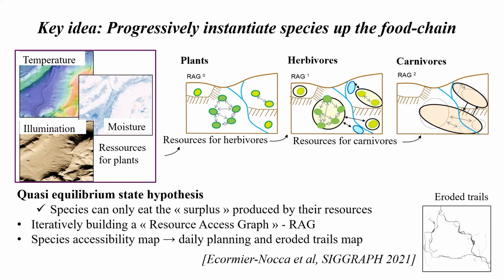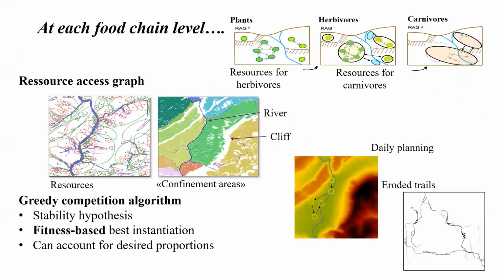Imagine, for instance, we seed the plants, the trees, and so on. Some plants are resources for the herbivores, but they produce only this amount per year. So we take the herbivores, the one that needs the most resources first, and we seed the herd where there is this plant. And then, since they cannot cross the river, on the other side of the river we seed another animal, and so on, and we go up like this, taking care of their resources.